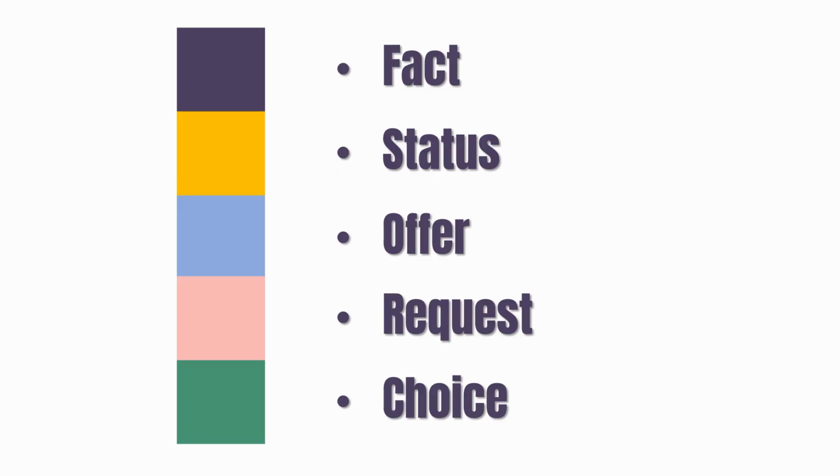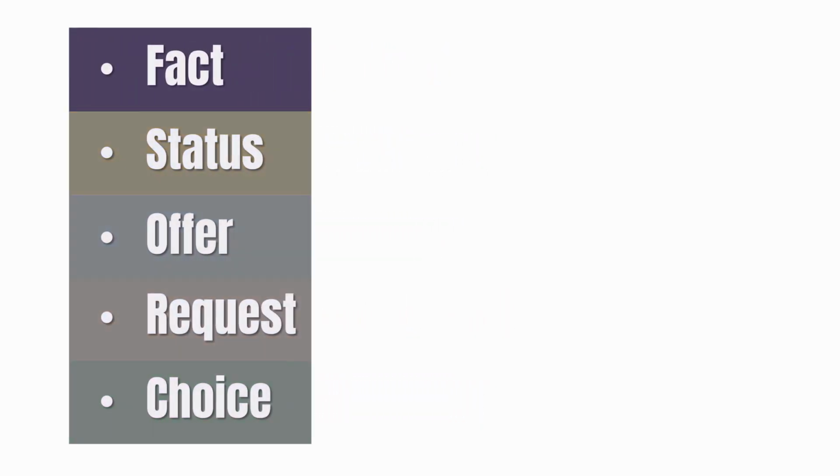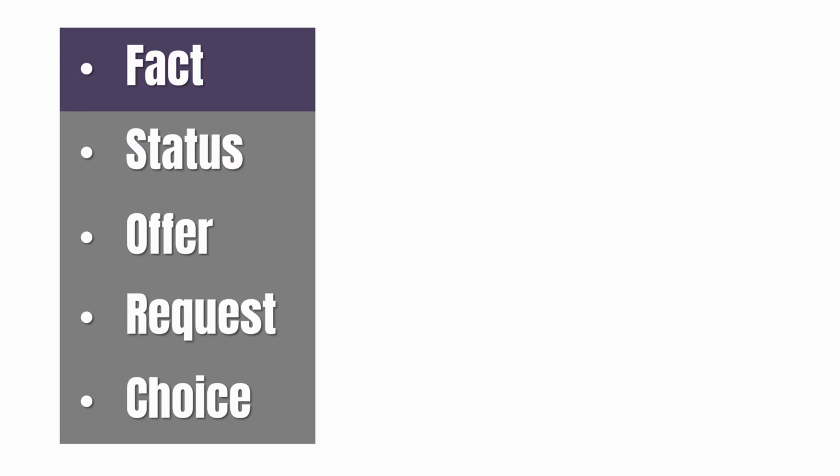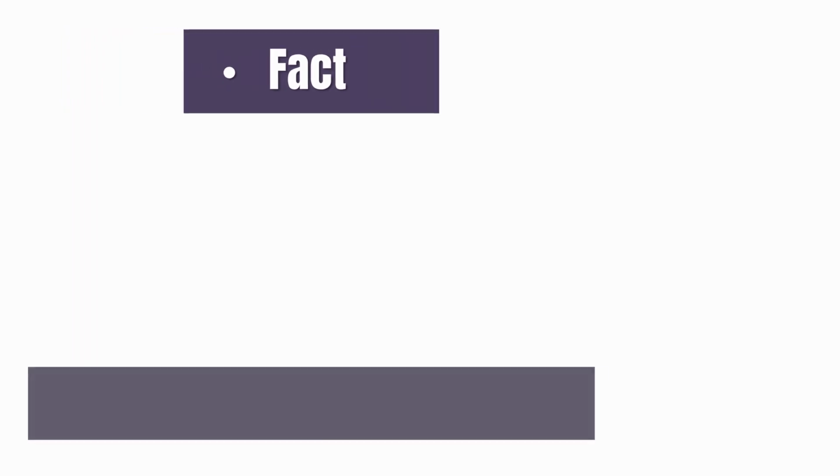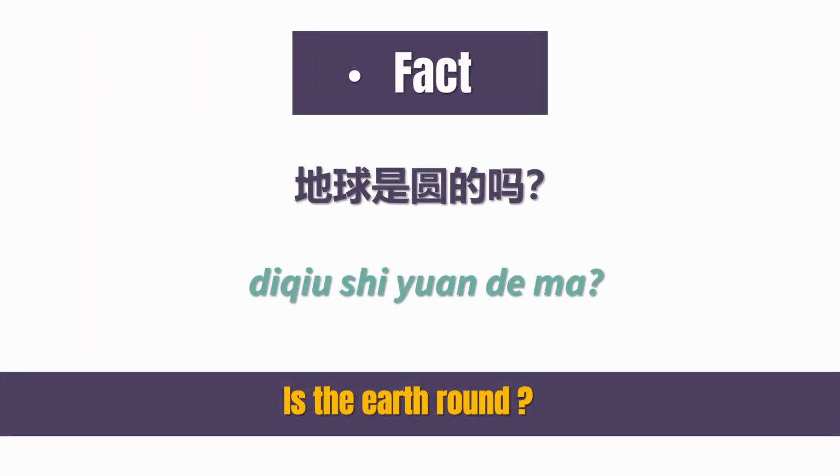Now, let's make a short summary of how to say yes in Chinese correctly. And right after that, I will finally reveal the master key, how to say yes universally in Chinese. I organize these questions into 5 categories with which you can give different answers to with yes. They are fact questions.